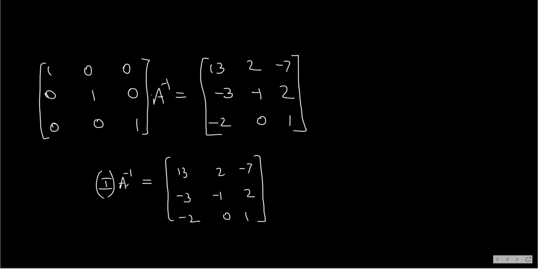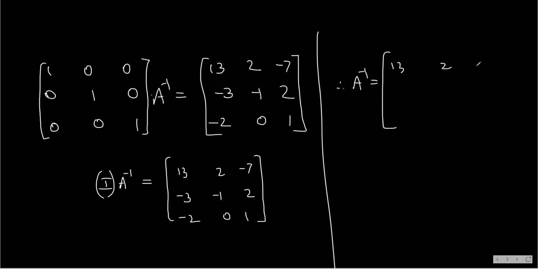What is I into A inverse? It is equal to A inverse. So you have therefore A inverse is this matrix: 13, 2, minus 7, minus 3, minus 1, 2, minus 2, 0, 1. This is the answer.